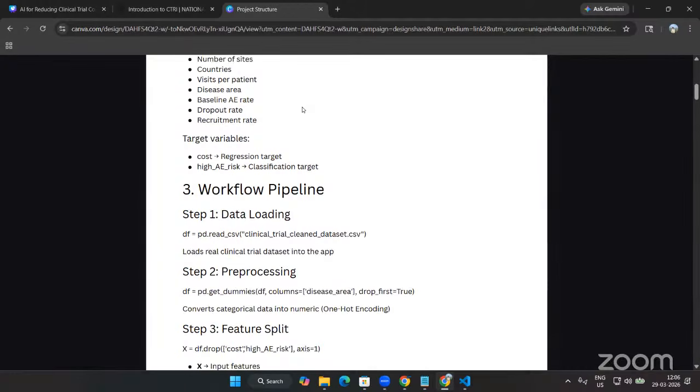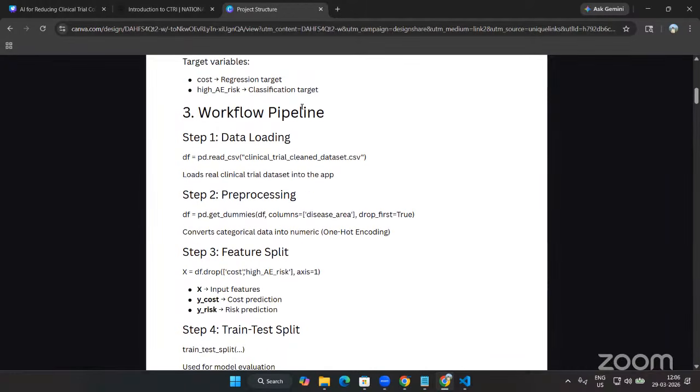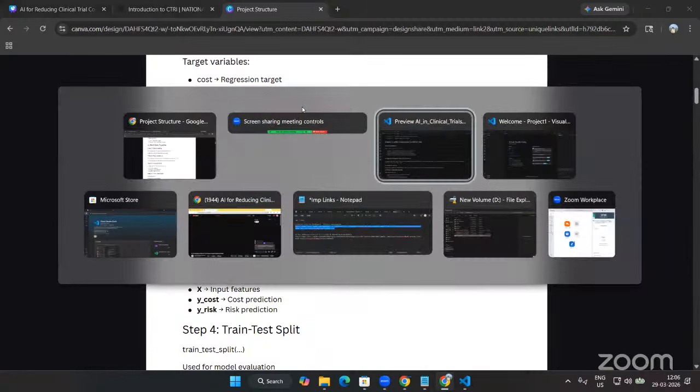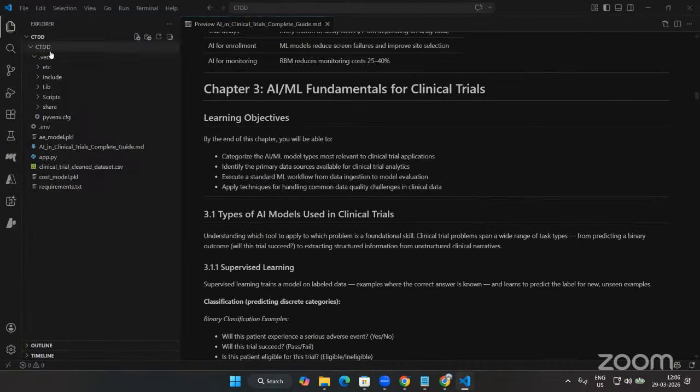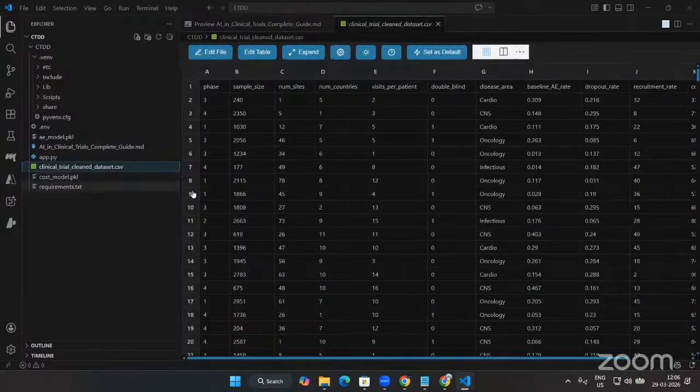Then the next part is the workflow pipeline. But first, let us have a look at the other files. You can see that we have this clinical trial cleaned data.csv file.